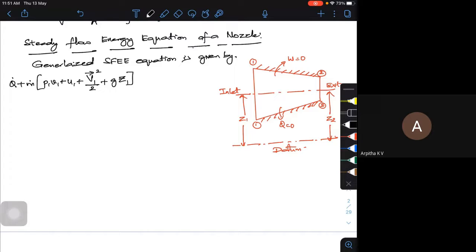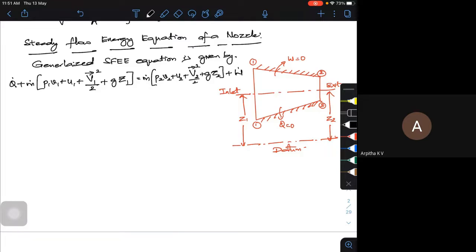And at the exit it is m dot into P2 V2 plus U2 plus V2 square by 2 plus g into Z2, plus the work done.